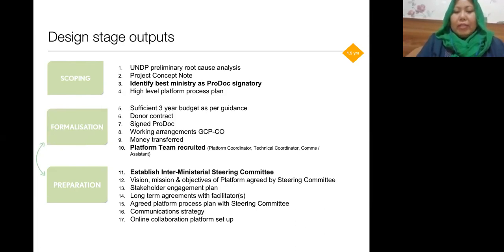So ensuring that the right stakeholders are engaged is very important.